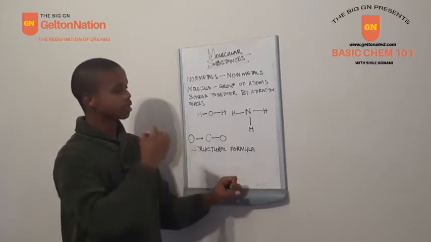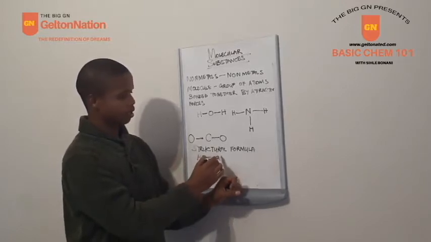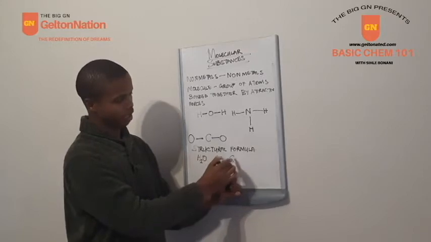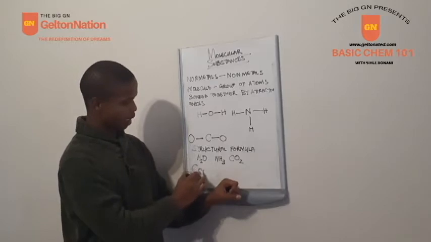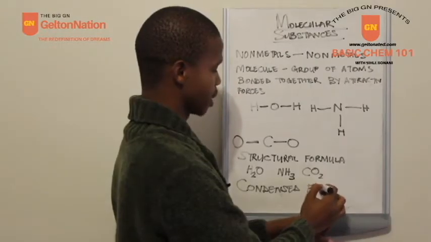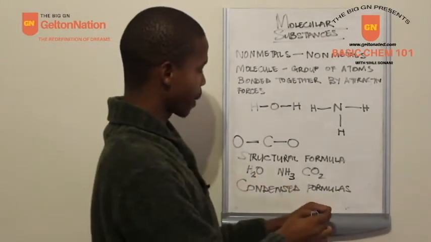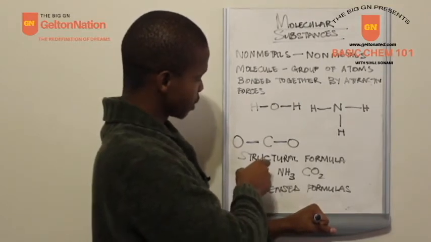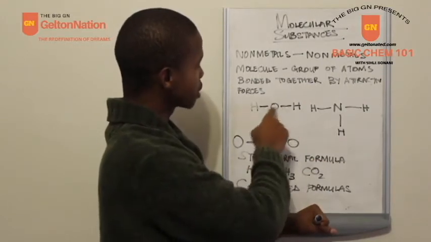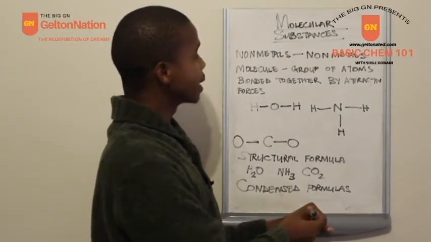But as you go, you'd find that you write H2O like this, or you write ammonia like this, or you write carbon dioxide like this. Then these ones will be your condensed formulas, where you show your molecules without these lines that show bonds. So that is your condensed formulas.